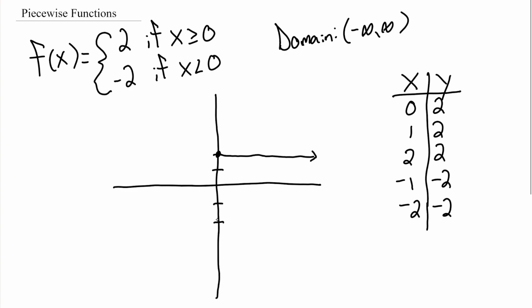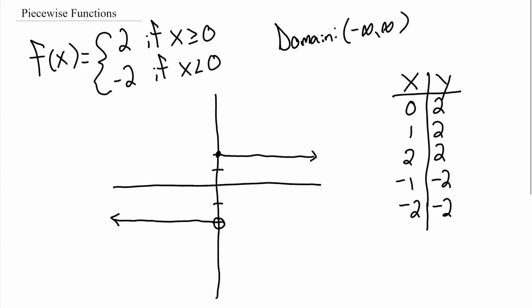The way we represent that is with what we call an open circle, which is exactly what it sounds like. The open circle means we go all the way up to this point, but we don't actually have a point there. We do have a point defined at x equals 0, but it's all the way up here at 2 instead of down here at negative 2.